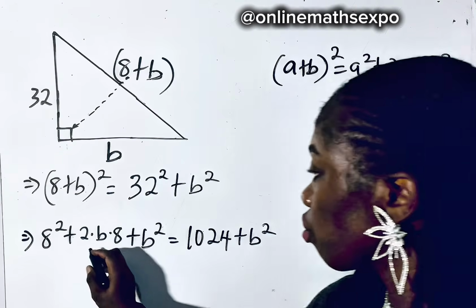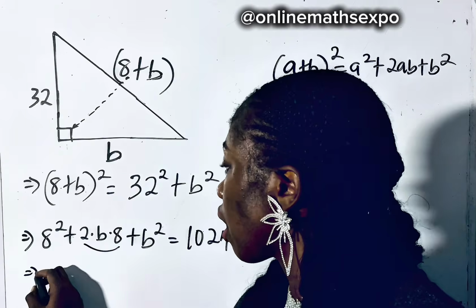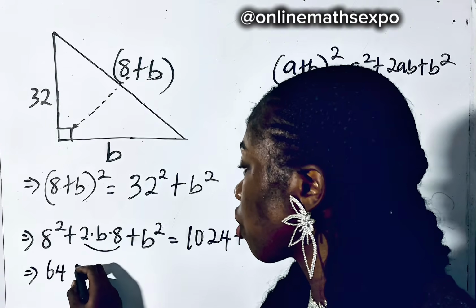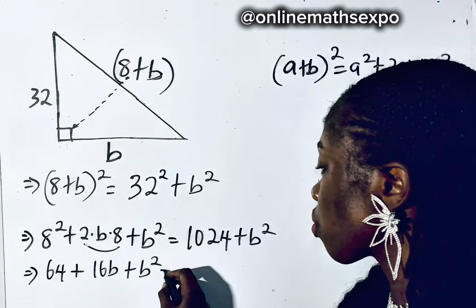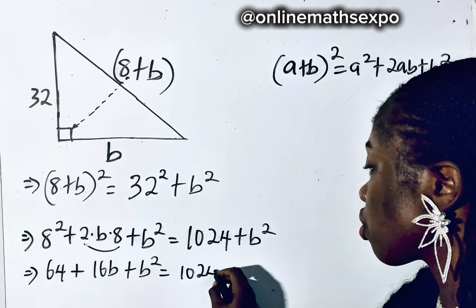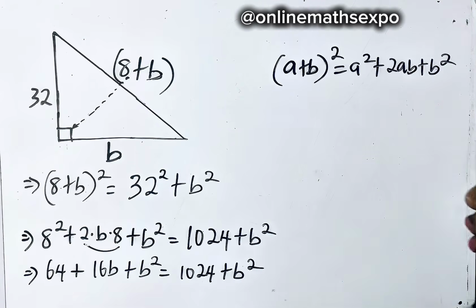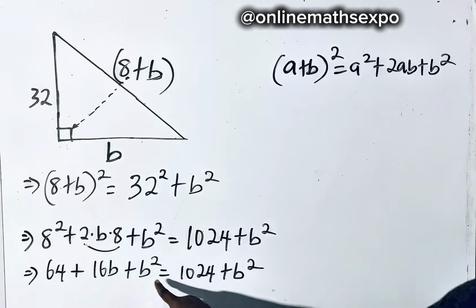So what should we do? Multiply this. We now have 8 squared is 64, plus 16b, plus b squared, is 1024 plus b squared.